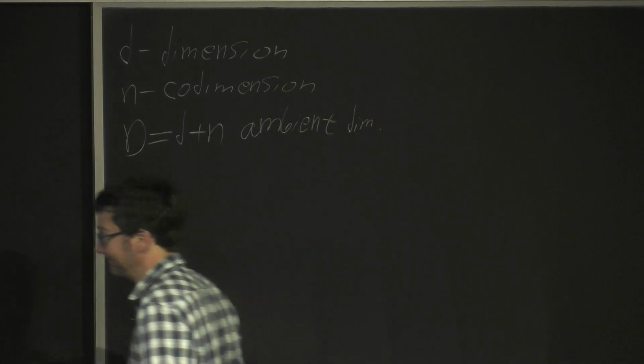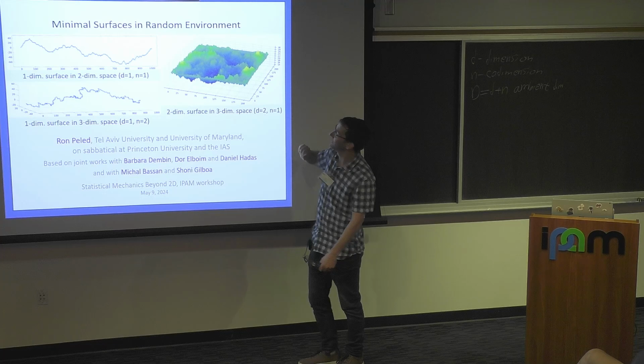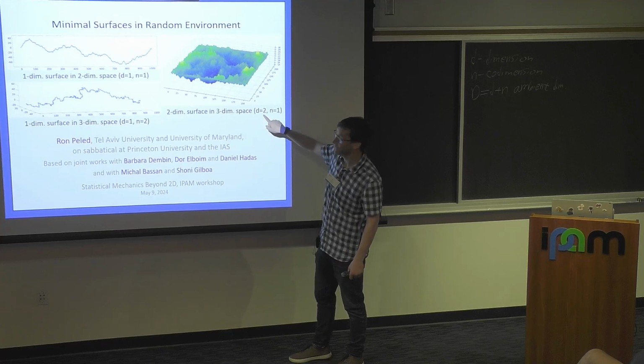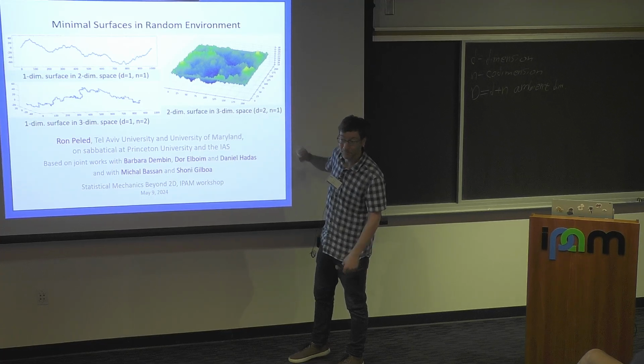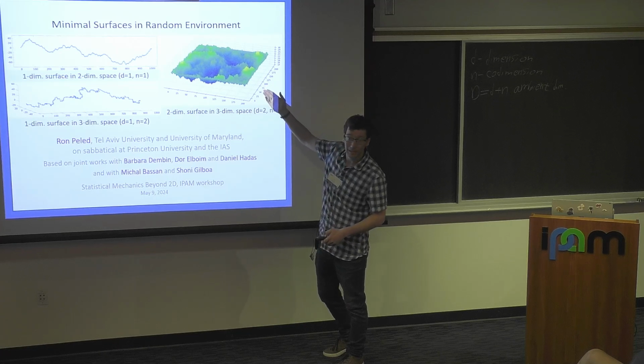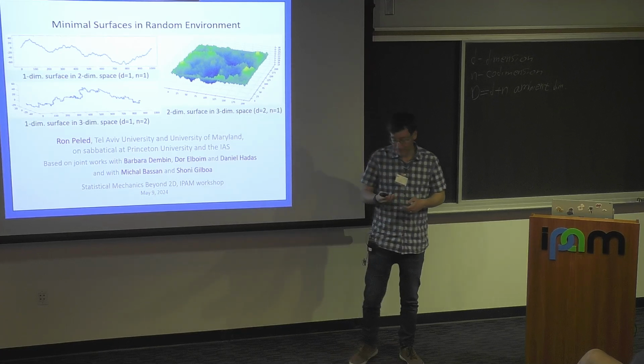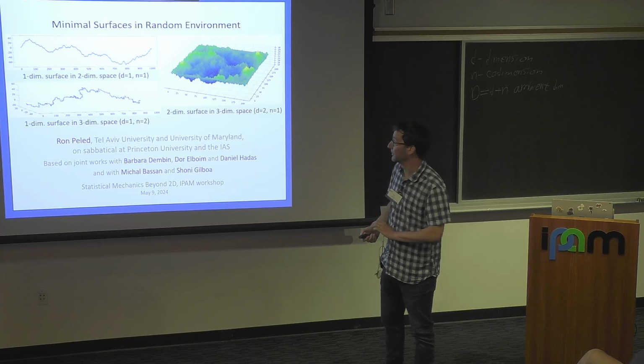And here you see a two-dimensional surface in three-dimensional space, so little d is 2 and little n is 1. And what makes this a minimal surface in a random environment is in the next few slides.